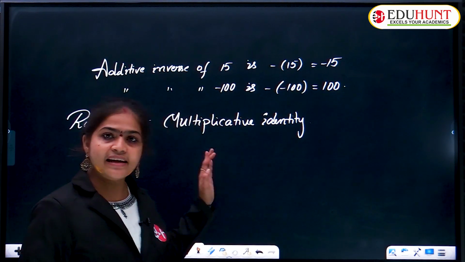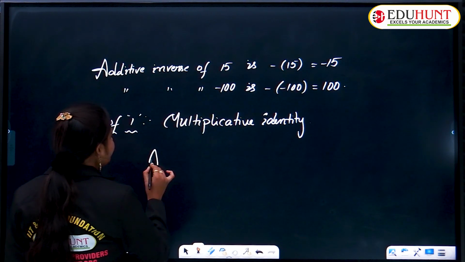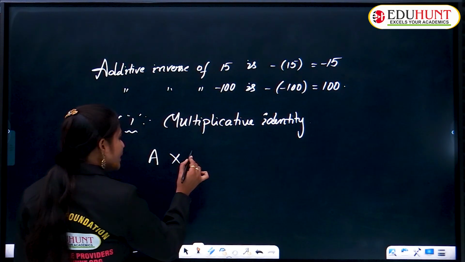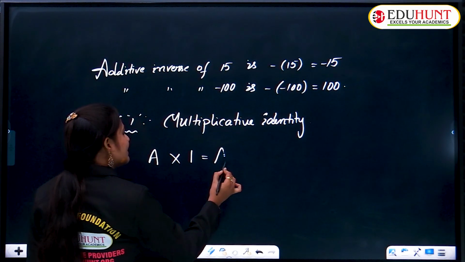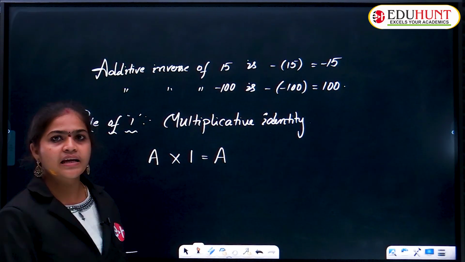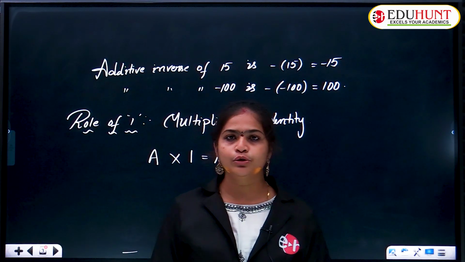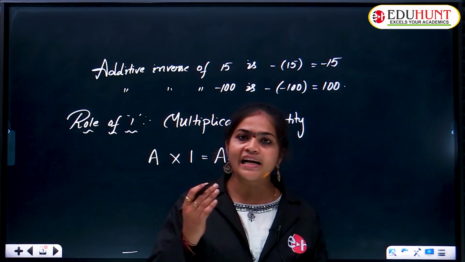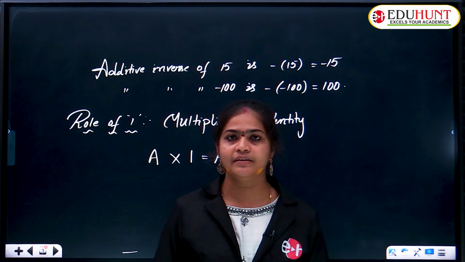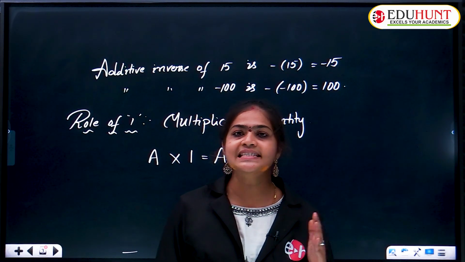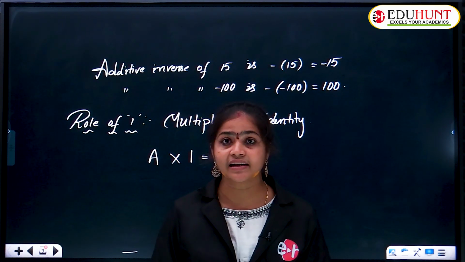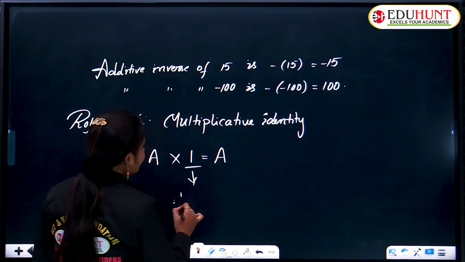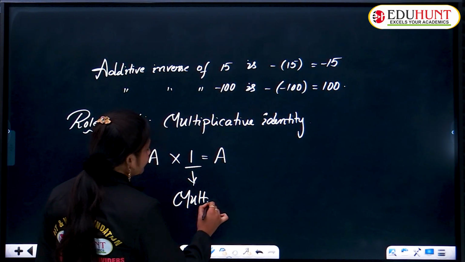And here also, if you multiply any rational number or any number by 1, again you will get the same number itself. Yes or no? 2 into 1 is equal to 2, 3 into 1 is equal to 3, 4 into 1 is equal to 4. So if you multiply 1 with any number, again you will get the same number itself as the result. That's why we call 1 the multiplicative identity.